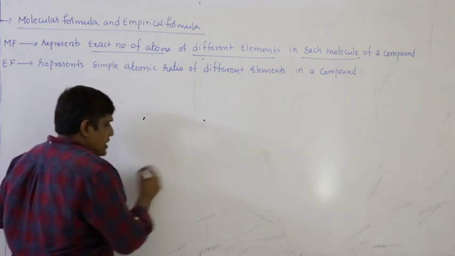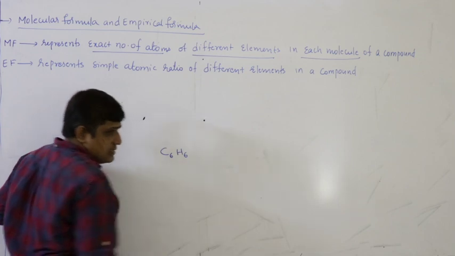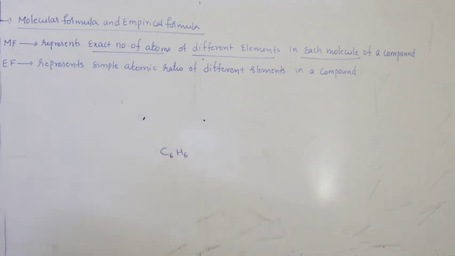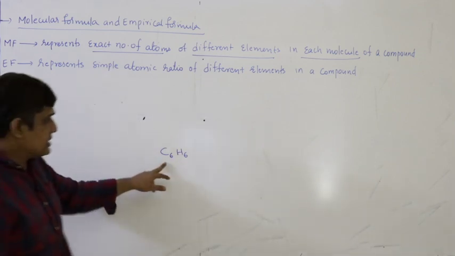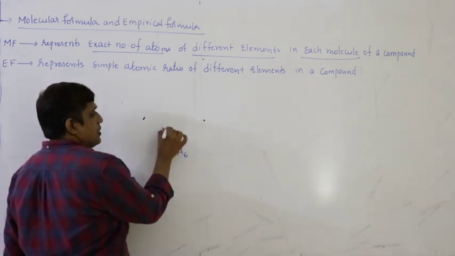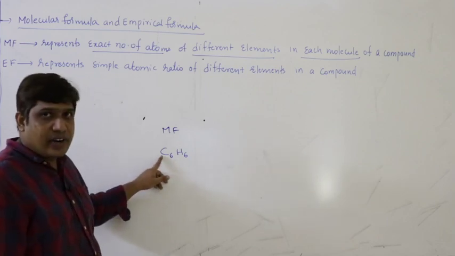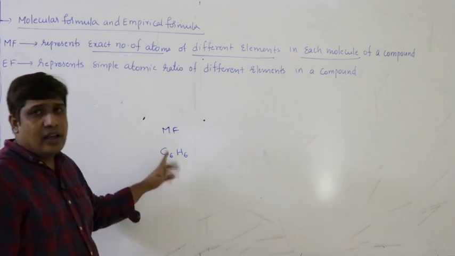The best example is benzene. Benzene molecular formula is C6H6. That means one molecule of benzene contains 6 carbon atoms and 6 hydrogen atoms. This we call molecular formula because it represents exact number of different elements, carbon and hydrogen.